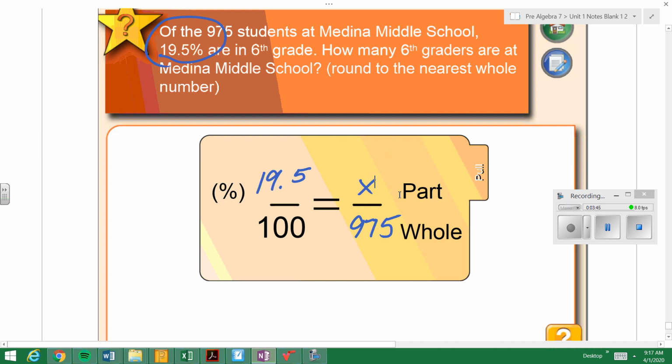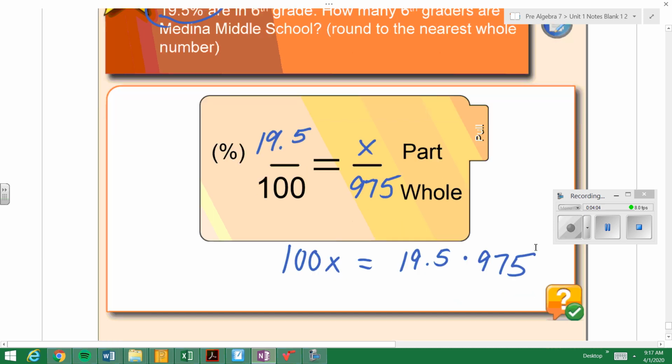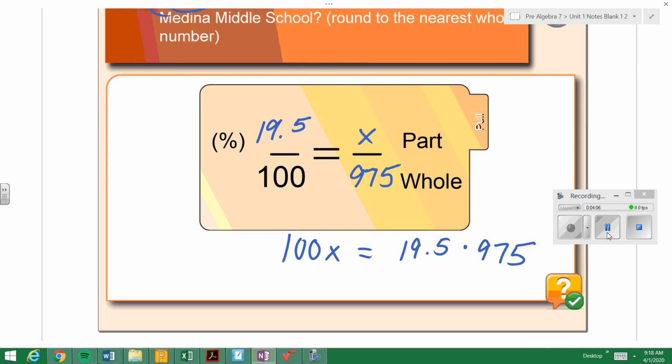Okay, and the part would have to come out to 19.5 times 975 is the one cross product, and the other cross product is 100x. So essentially, you would be dividing that product by 100. Okay, and I'm going to pause the video to actually find out what that answer is.